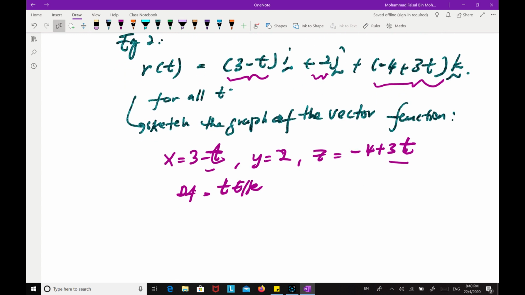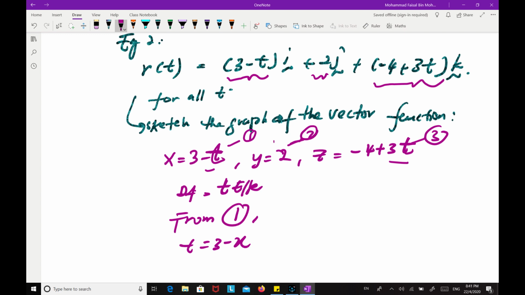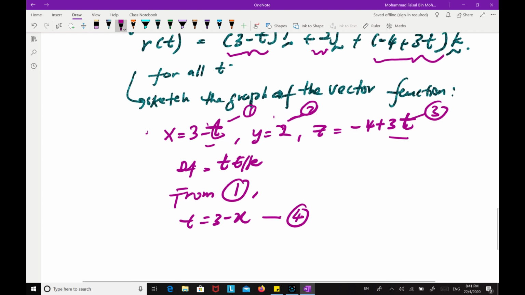So what we will do is, let's label these equations 1, 2 and 3. From 1, t will be 3 minus x, which I call equation 4. I bring 3 to the left and x to the right, or add t to both sides and subtract x from both sides.